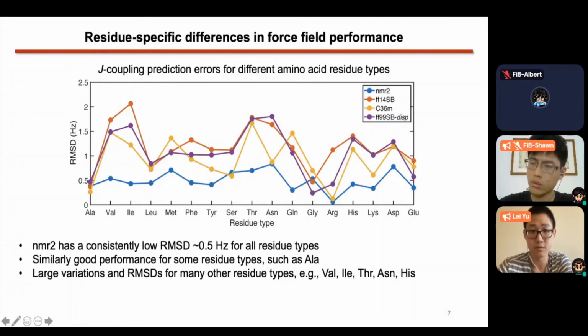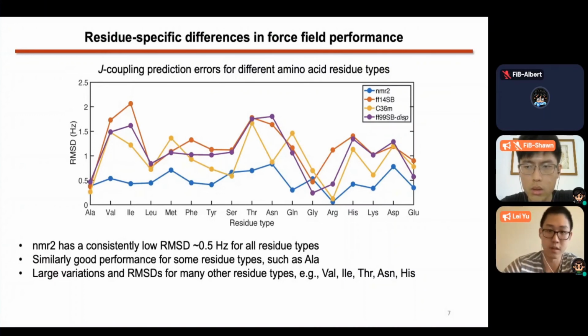And we see that for some residue types such as alanine, all force fields give you a good result. But for some others, say valine, isoleucine, and so on, you can see large variations in the RMSDs. So that does speak to the power of residue-specific corrections in force field optimization, and it also gives information for force field development.